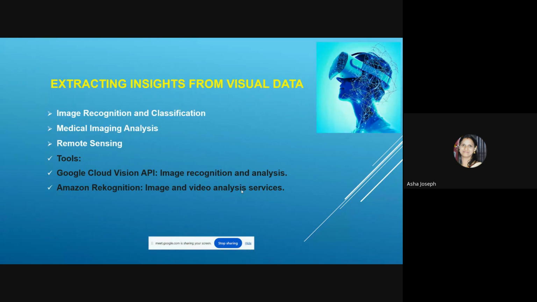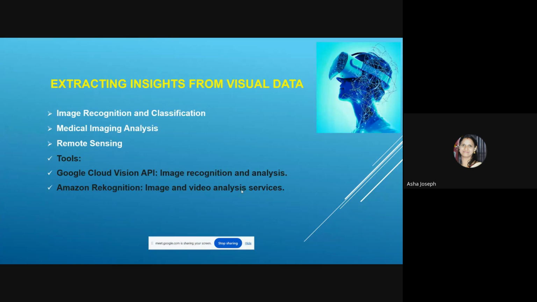So some of your projects, or your work, may be in the field of image processing or image recognition and classification. And image recognition and classification means your AI algorithms can accurately identify objects, patterns, and even anomalies in images and videos. So usually you can say that it enables researchers to analyze vast amounts of visual data.